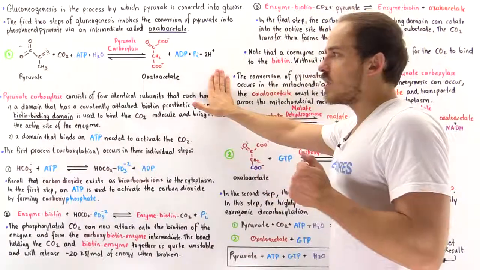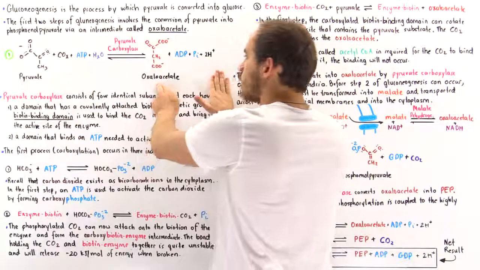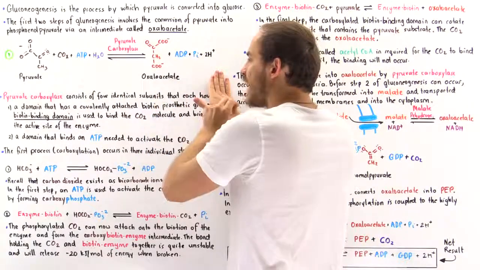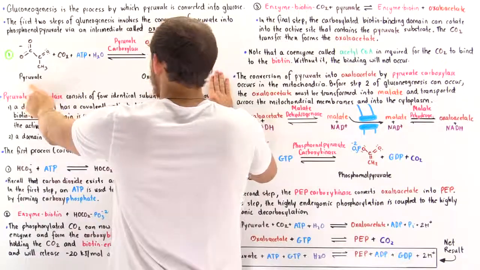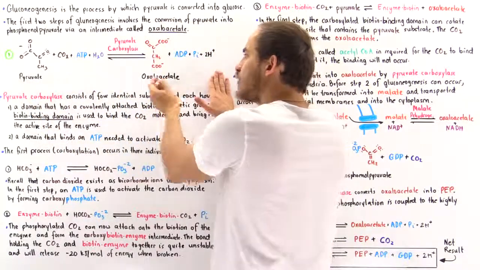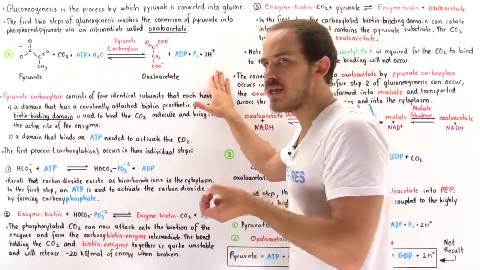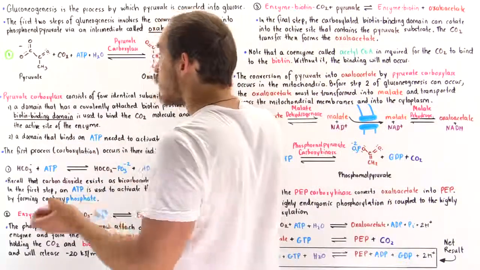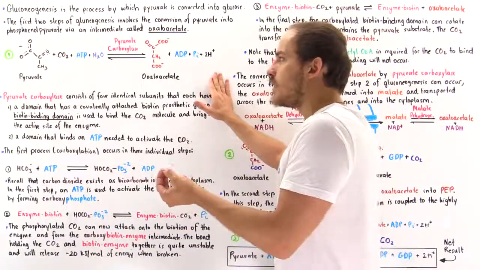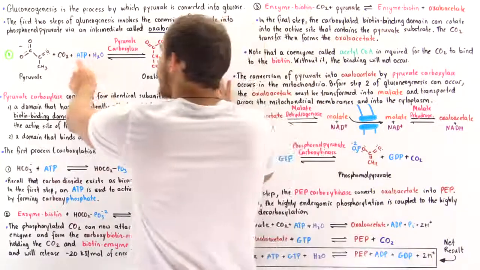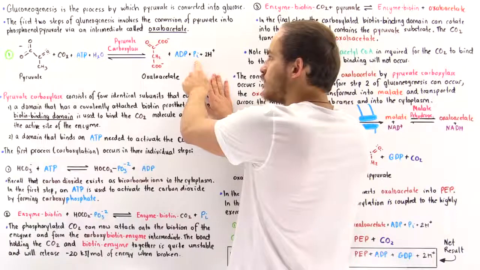And in step number one, we basically want to carboxylate a pyruvate molecule to form an oxaloacetate. Now, if we simply try to add a carbon dioxide onto the pyruvate to form the oxaloacetate, that reaction in itself actually requires energy. It would be an endergonic process under cellular conditions. But what we do is we couple that process with the hydrolysis of ATP into ADP and Pi, orthophosphate.